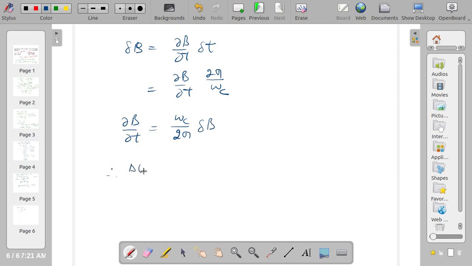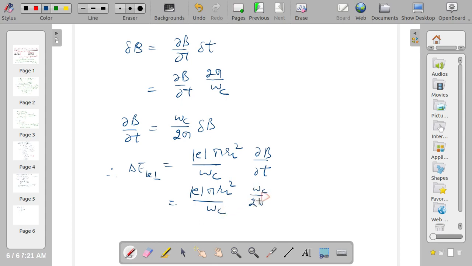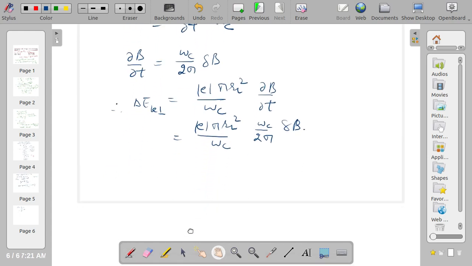So therefore, the planar component of change in kinetic energy can be E pi r L square over C, and curly B over curly T, it's equal to E pi r L square over C and omega C over 2 pi delta B. So now this pi will cancel out with this pi.